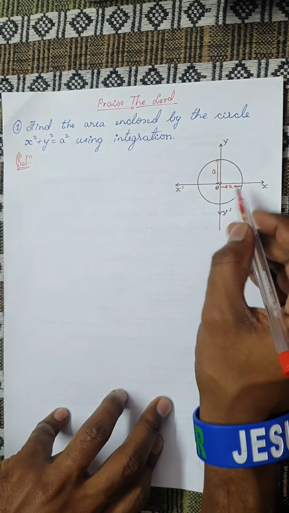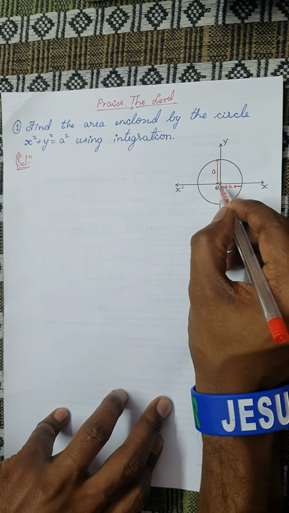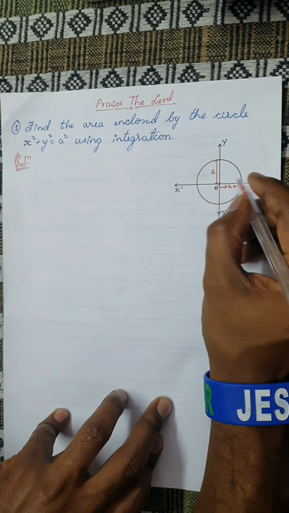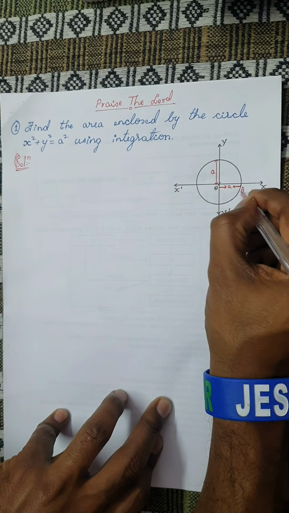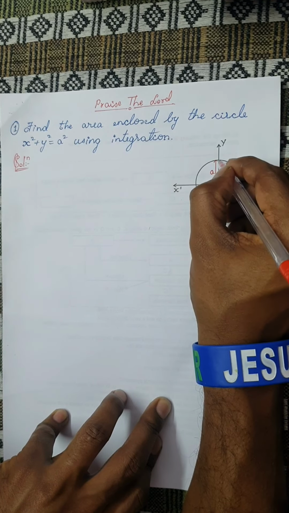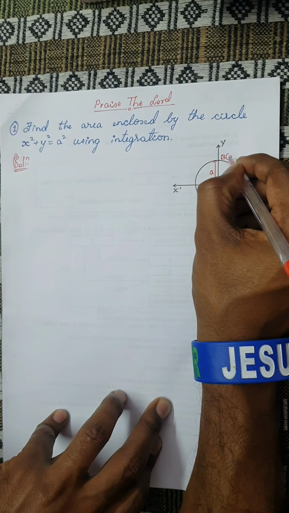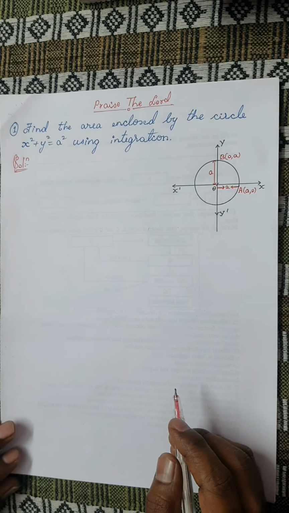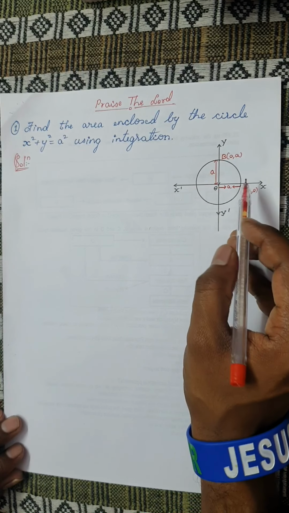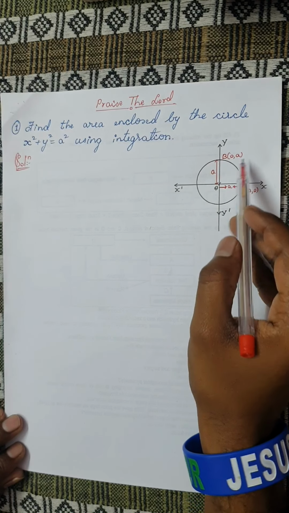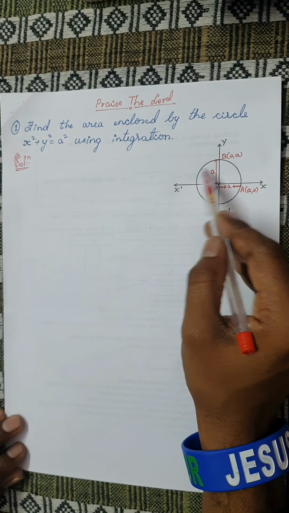Because this is the equation of the circle with radius a, this is the origin, we know it is (0, 0), and this point would be (a, 0), and this point would be B, which is (0, a). Now, as we have seen in the 3-mark questions, you can find the area enclosed with respect to the x-axis or y-axis.